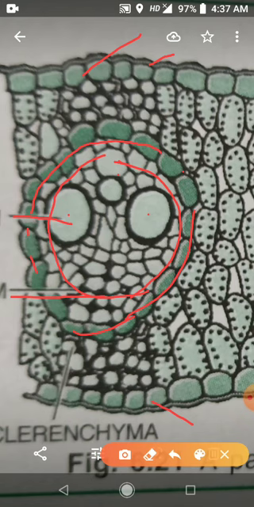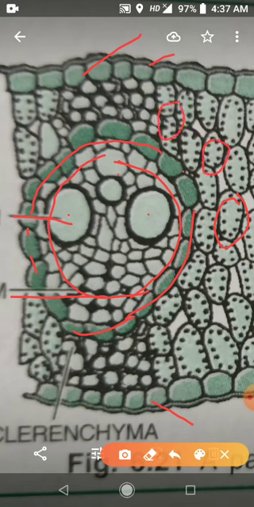But when you see the structure of the cells of bundle sheath and mesophyll cell, you will see in the bundle sheath there are a large number of chloroplasts. The number of chloroplasts in the bundle sheath cells is more in comparison to the mesophyll cells. So these are the mesophyll cells.